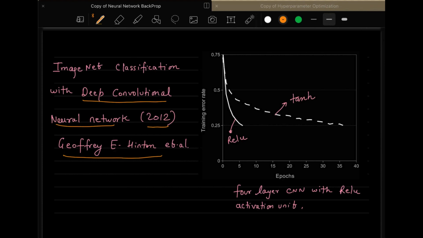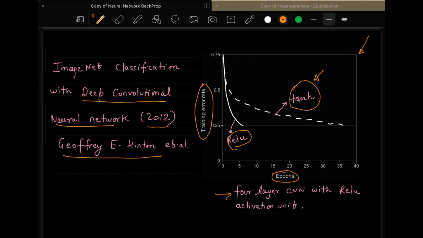This is a snapshot from that paper, and you can see that they have plotted two curves. The first curve is for the tan hyperbolic, and the second is for ReLU. It's a training error rate plotted against epochs. They were using a 4 layer CNN with ReLU activation units, because prior to that people were using tan hyperbolic.